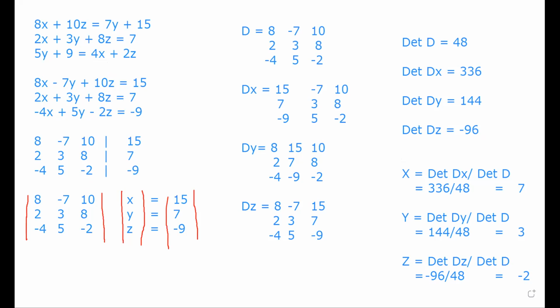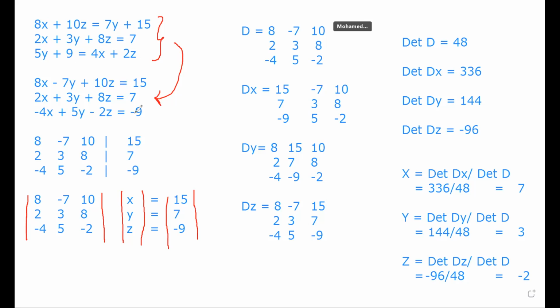This is the given equation, but it is not in the standard format, so I convert this equation into the standard format. If it is already in the standard format, leave it as it is. If it is not, then you have to rearrange it. In this example, y is coming in the first position, but x should be in the first and y should be in the second. So this is how you have to replace it.